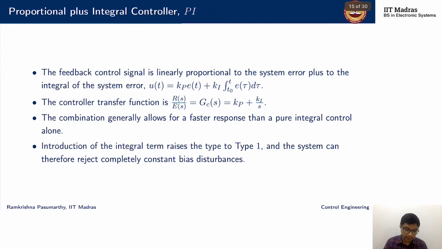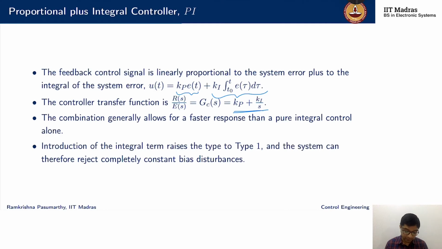So the feedback signal is Kp times e plus Ki times the integral of e, with the controller transfer function of this form. This combination allows for a faster response than pure integral control alone.